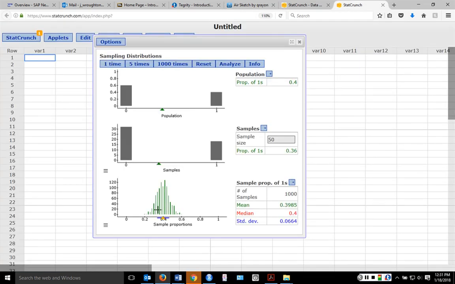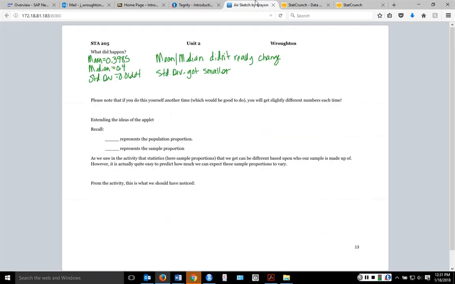Each one of these bars represents a different sample that we took. Imagine we had 1,000 different people that all took a sample of beads and recorded the percentage that were black. Our numbers are more similar to each other than when we only sampled 10 beads, when our values were more spread out. That's what the standard deviation changing means.